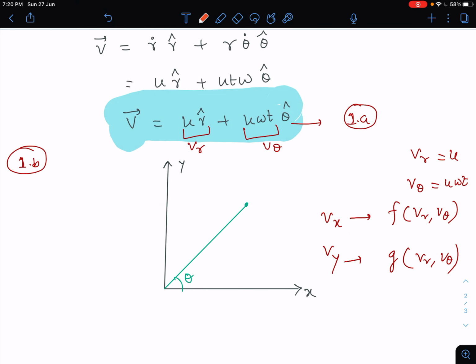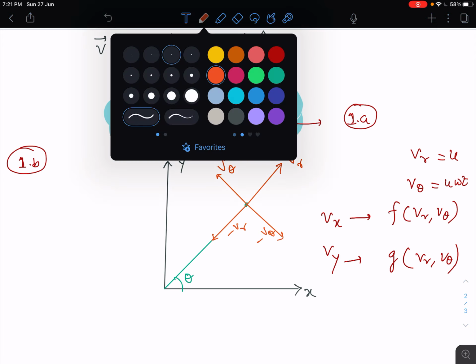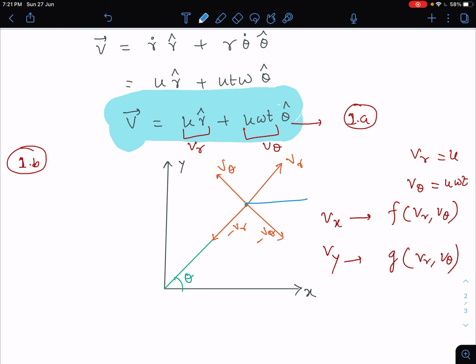Then this is the direction of Vr and this is the direction of V theta, and this is the direction of minus V theta and this is the direction of minus Vr. So now what are our Vx and Vy? This is the direction of Vx and this is the direction of Vy.